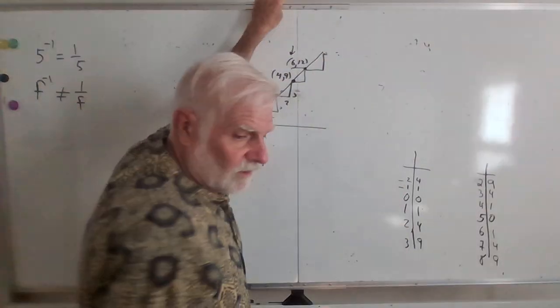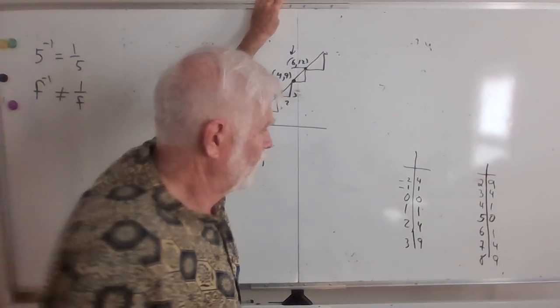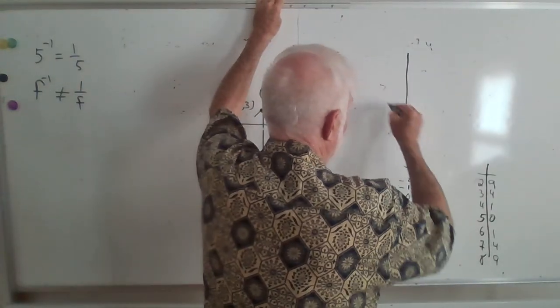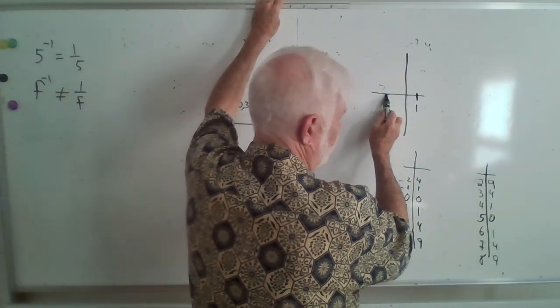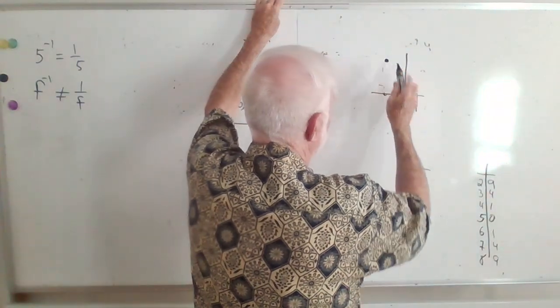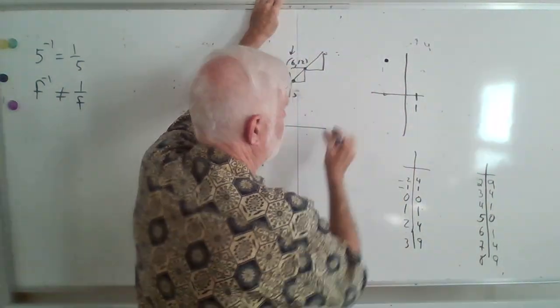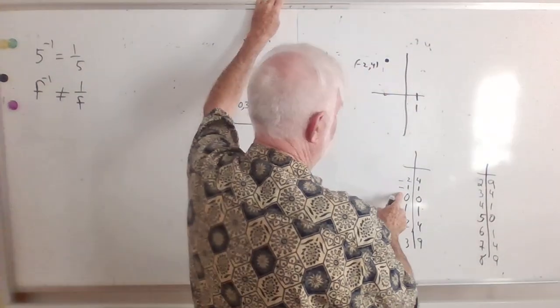So can you plot those values and see what it looks like? And then we'll try to give it a name. Let's call this 1. Then negative 2 is about here. Up 4 is about there. And I'm calling that the coordinate negative 2, 4. How about negative 1, 1?